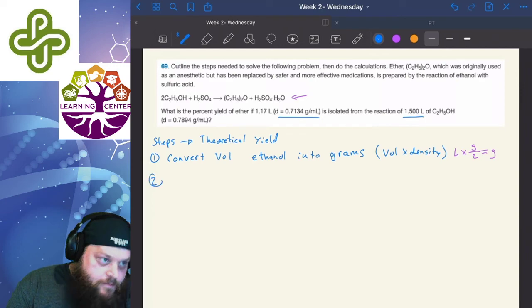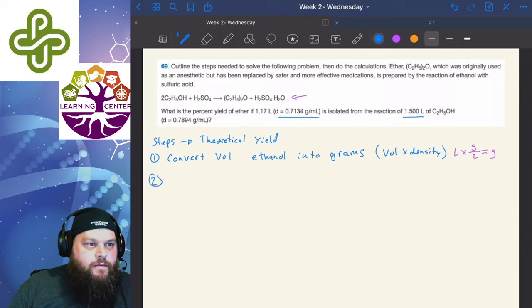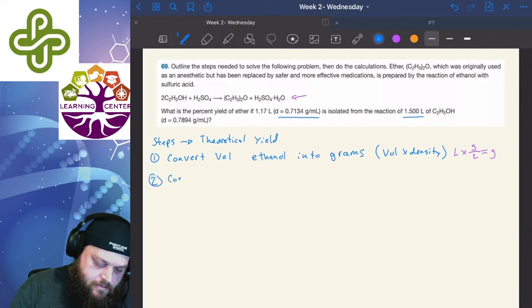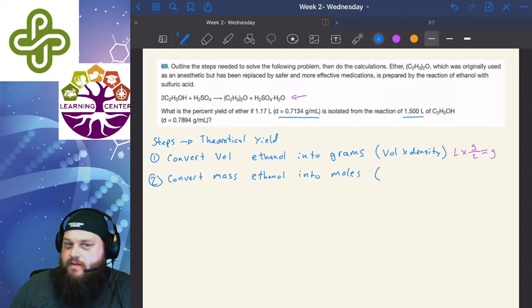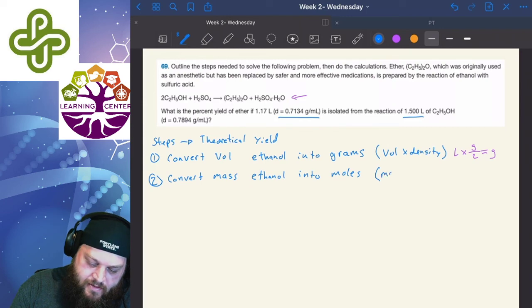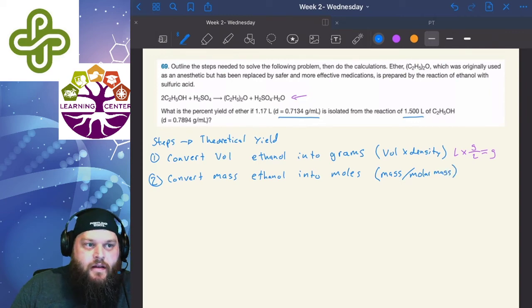Step 2 is to convert the mass, that mass that we just found of ethanol, into moles. So to do that, of course, we have to use the molar mass. So that's the mass divided by the molar mass, which gives us the moles.